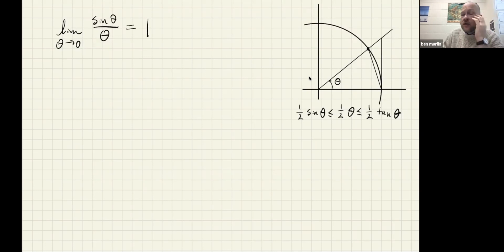One of the questions that you are probably going to ask me is, do we have to do this squeeze theorem stuff every time we see one of these limits? No. You can look at this sine theta over theta and say, aha, that's my special limit, it's going to go to 1.